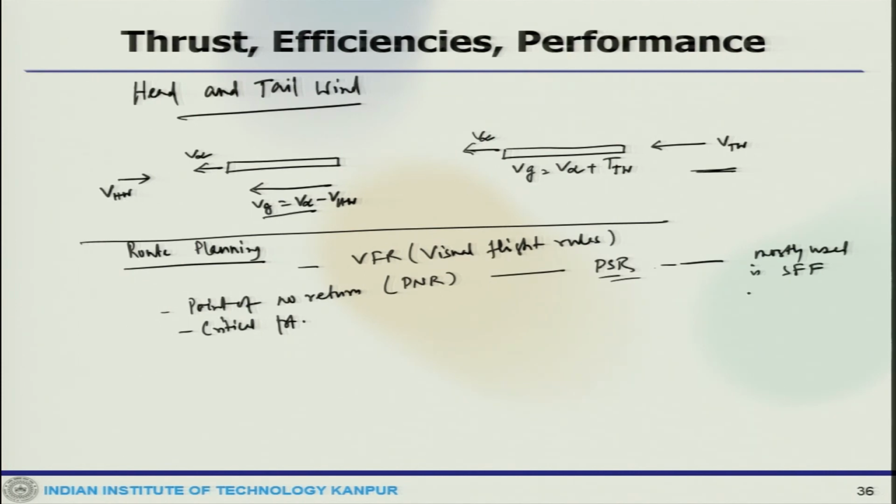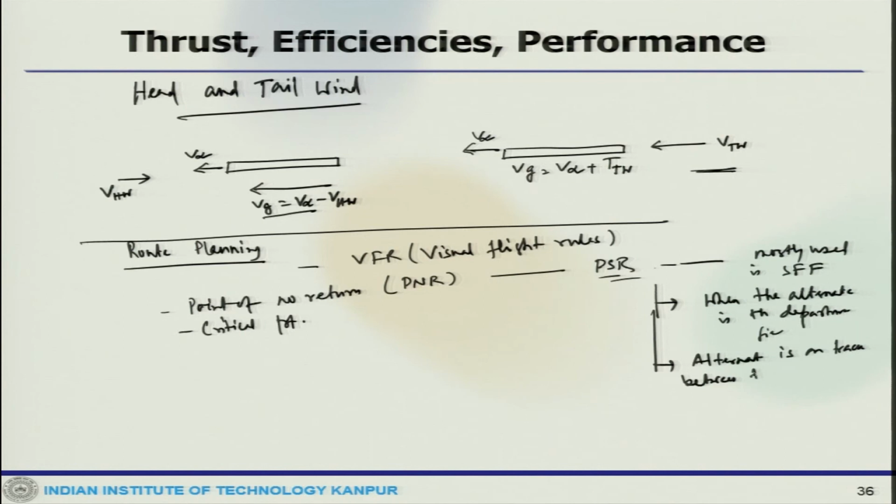Normally, two cases one can consider. One is when the alternate is the departure field, and the second option is the alternate is on track between the departure point and destination.